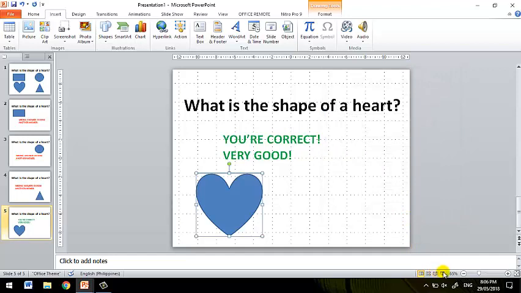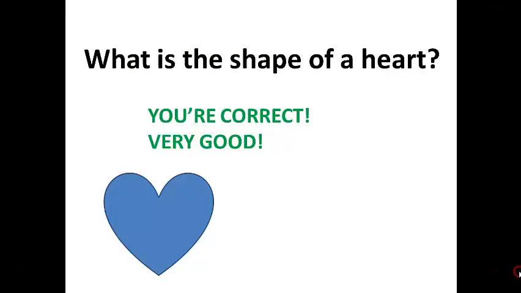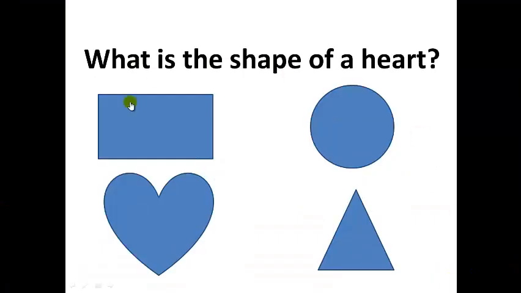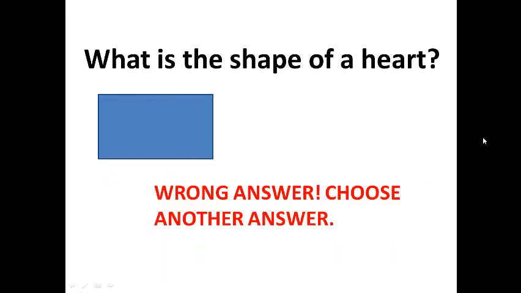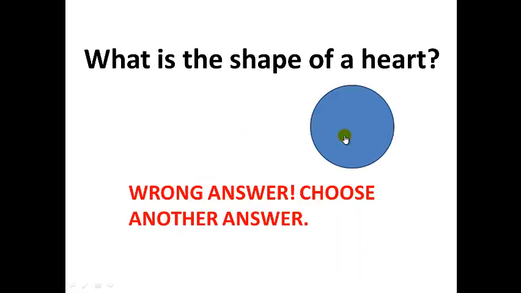So let's test if the linking is correct. What is the shape of a heart? So let's try clicking this one. So wrong answer. So let's go back to the first slide. Let's try this one. Wrong answer. Choose another answer.